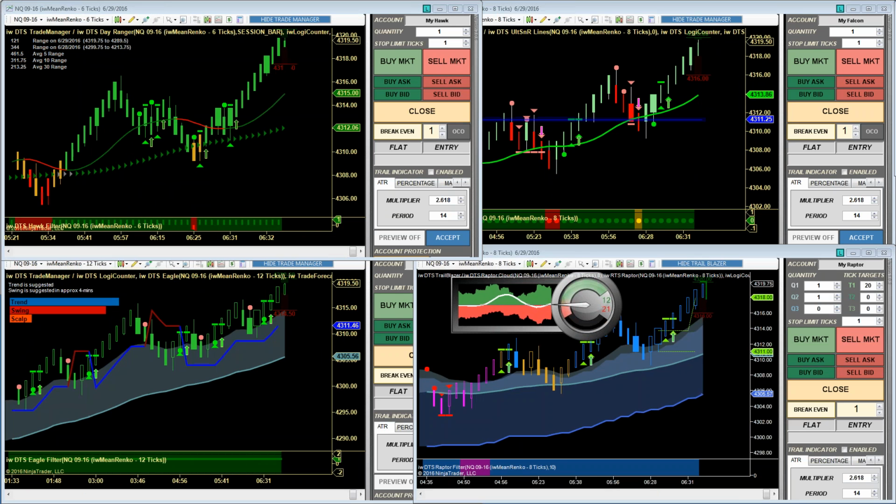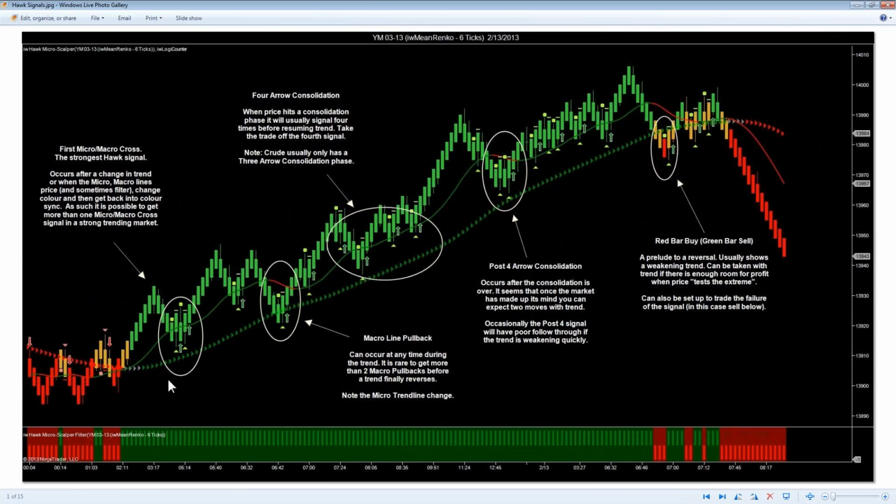So, for instance, with the Hawk, these would be our high probability signals. We're looking for the first micro-macro cross, essentially the first signal that is in sync after the trend lines cross; the macro pullback, which is everything stays in sync except the micro line, it goes out of sync; a 4-arrow consolidation, which tends to be like a pullback pattern; then the post-consolidation signal; and then finally the red bar buy, or in a downtrend you have a green bar sell.